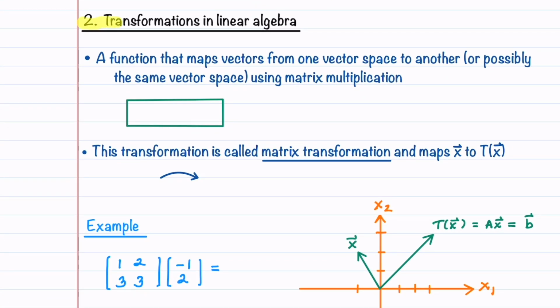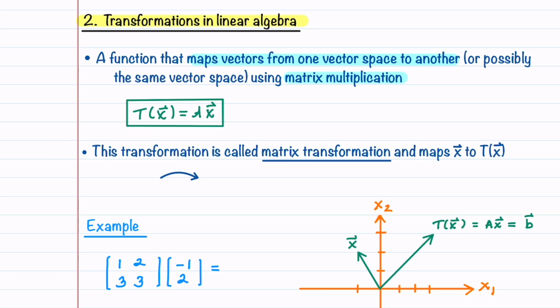Let's now talk about what transformations in linear algebra look like. A transformation in linear algebra is a function that maps vectors from one vector space to another, or possibly the same vector space, using matrix multiplication. We write this transformation as T of x is equal to A times x, where A is a matrix and x is a vector.